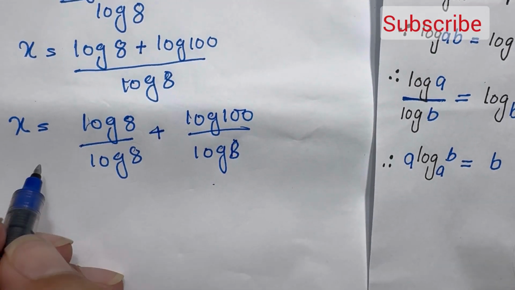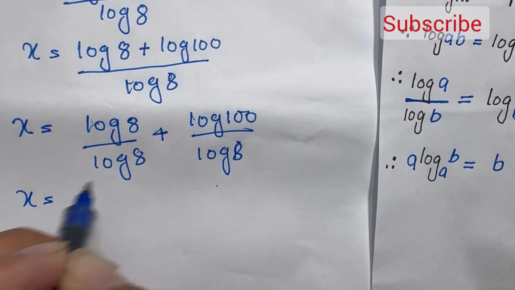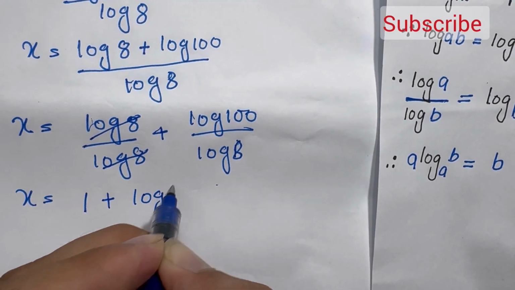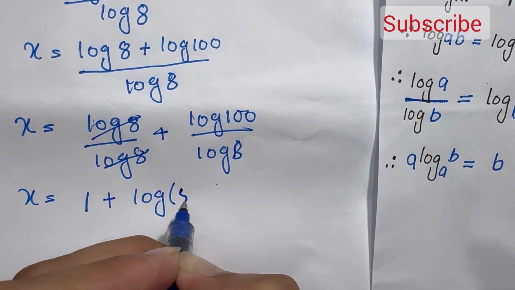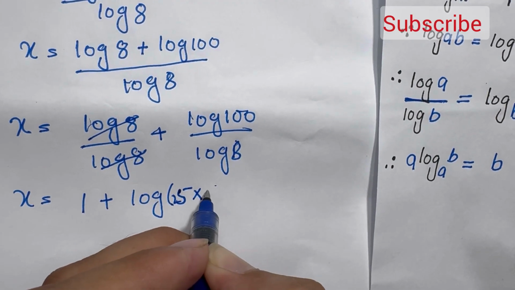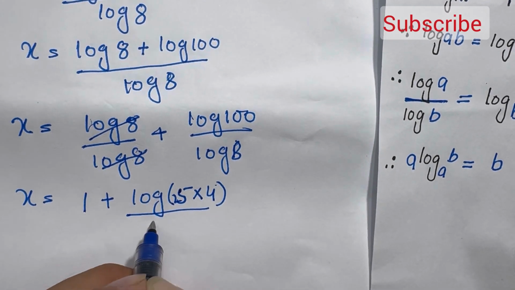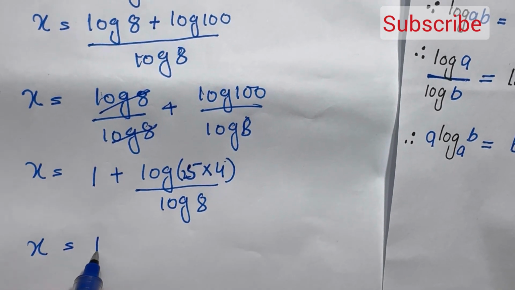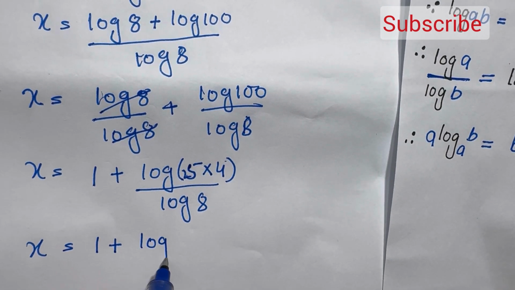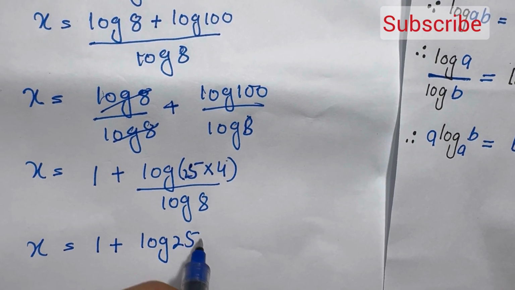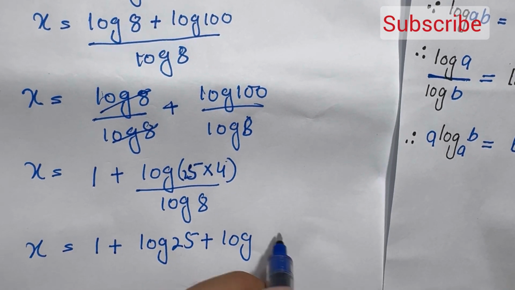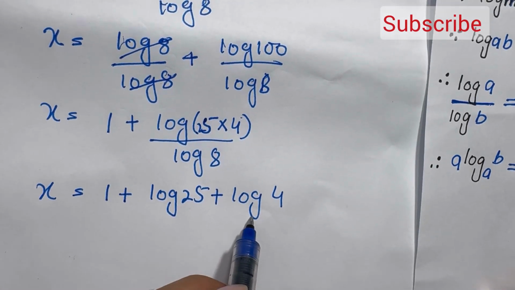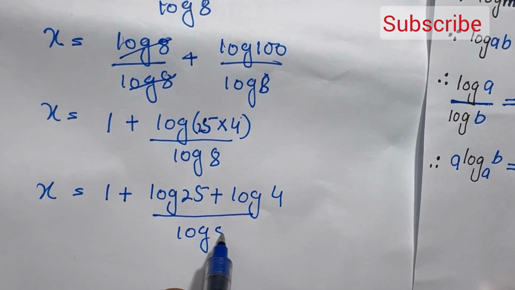Okay, it becomes x equal to, log 8 cancels with log 8, 1 plus log 100 divided by log 8. I can write 100 as 25 multiplied by 4. Okay, this can be written as 1 plus log 25 plus log 4, whole divided by log 8.